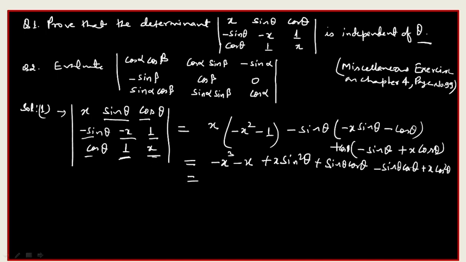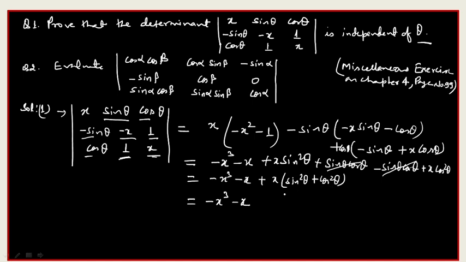Now this sine theta cos theta will get cancelled with the minus sine theta cos theta, and we have minus x cube minus x plus x, where we can take x common, sine square theta plus cos square theta.